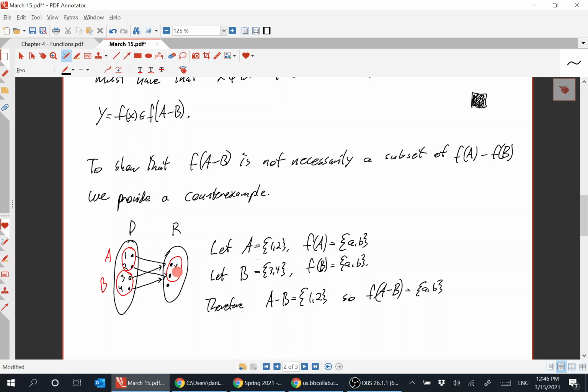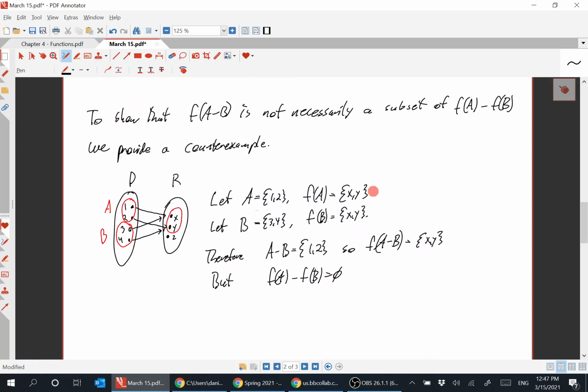Let's say little x, y, and z. The image of A minus B is little x and y, but the image of A minus the image of B is the empty set.